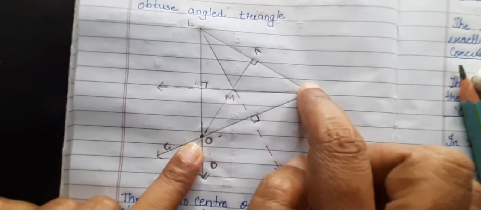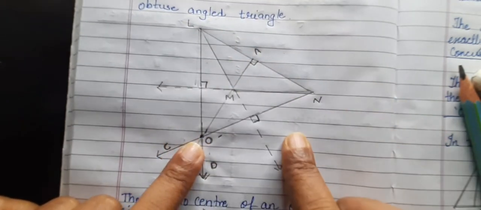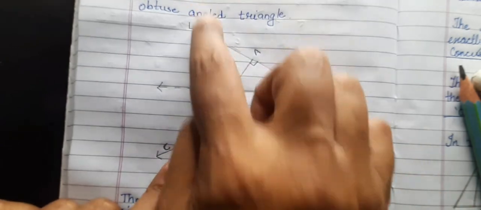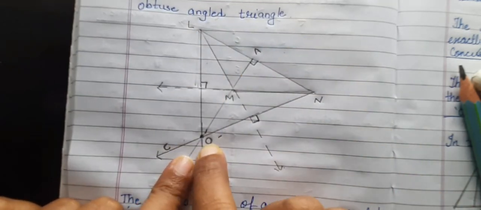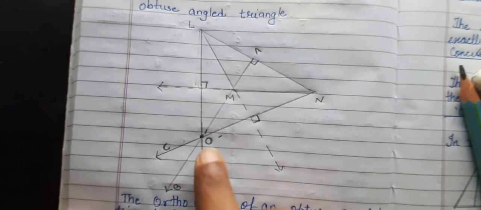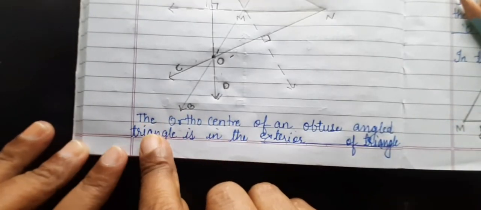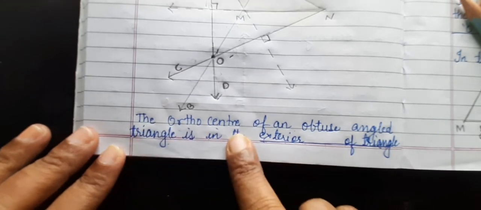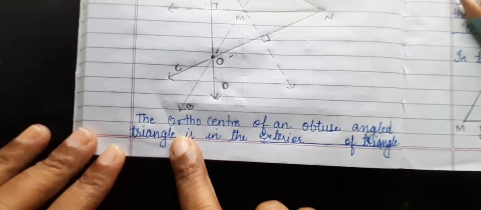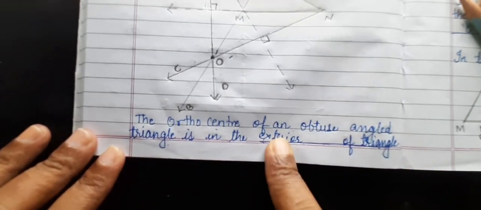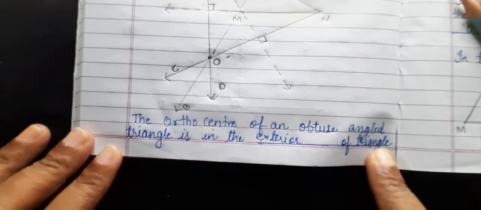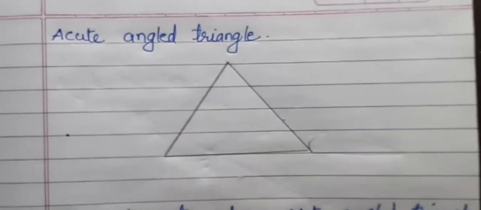Triangle LMN is an obtuse angle triangle and its altitudes are intersecting one another at point O. So the orthocenter of an obtuse angle triangle is in the exterior of the triangle.